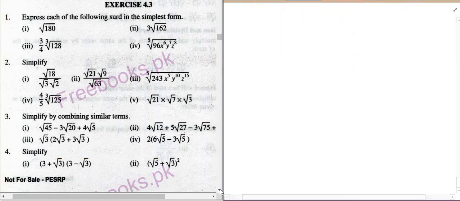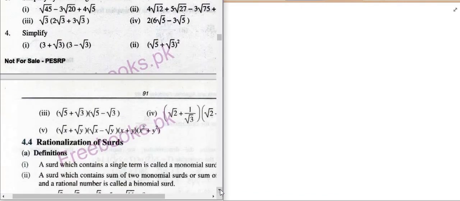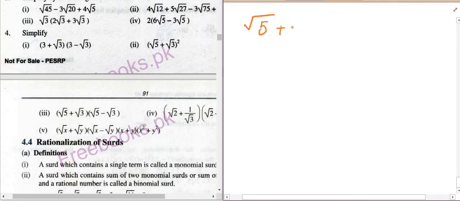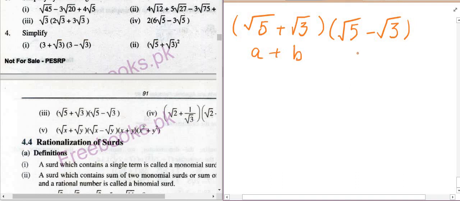Next, (√5 + √3)(√5 − √3). It is (a + b)(a − b).